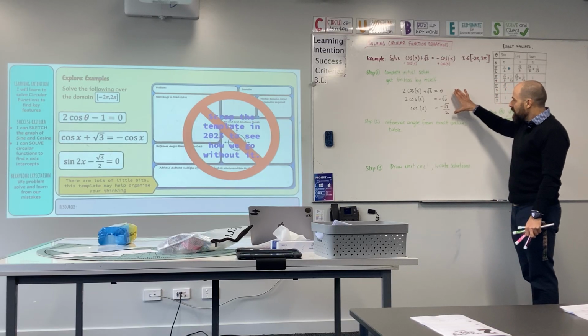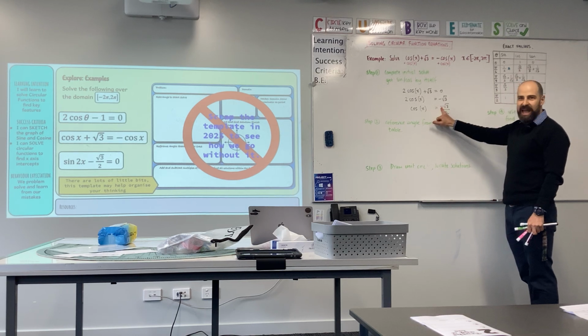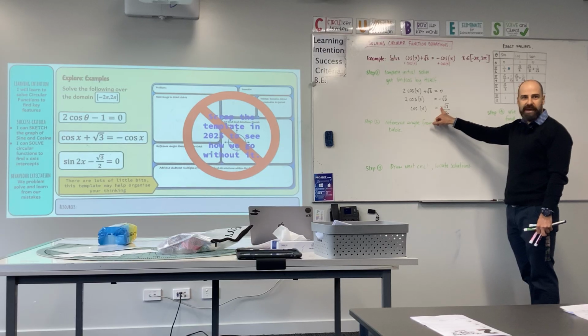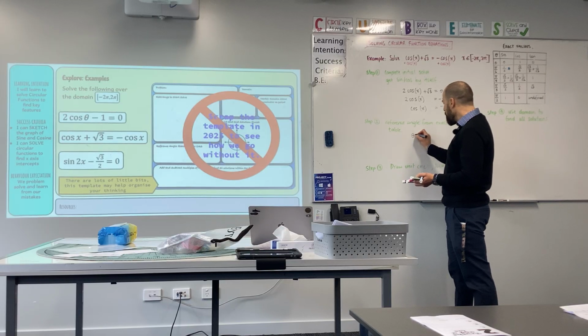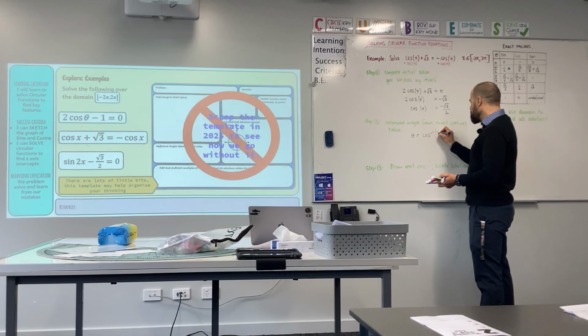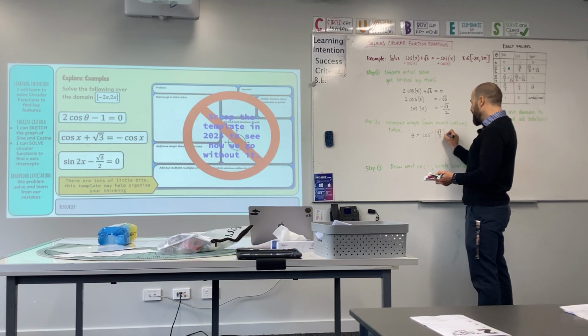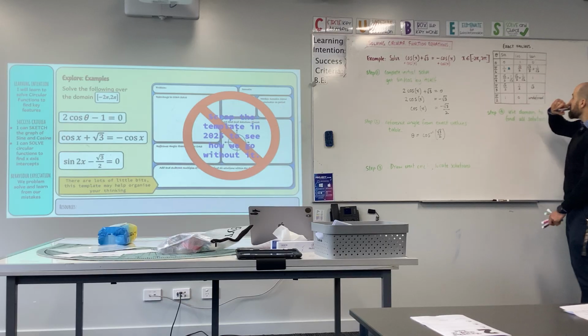All right, from here, we're going to find the reference angle from the exact values table. Now, we don't have a negative root 3 on 2 in our exact values table, do we? No. So what we're actually going to do, we're going to find our reference angle, and we're just going to do inverse cos of just root 3 on 2. We're going to ignore that negative. All right, so we'll go to our exact values table.